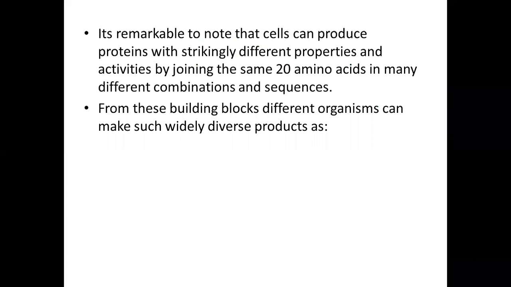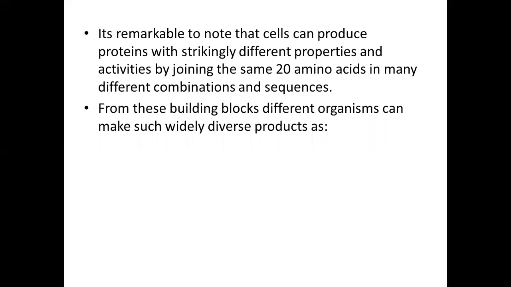By changing the sequences and combinations of the basic unit of protein, which we call amino acids, imagine we produce, or nature produces, different proteins with strikingly different properties. And of course, thanks to our creator for his genius in creating a variety of materials having different properties, no?